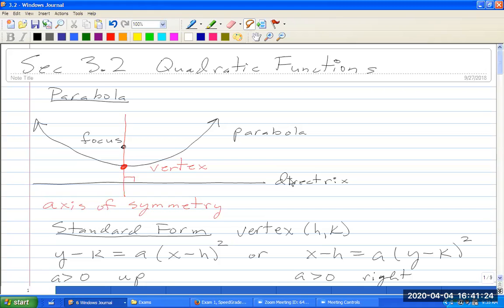So if you take any point on the parabola, then the distance from the focus to that point and from this point to the directrix, these distances will be the same.